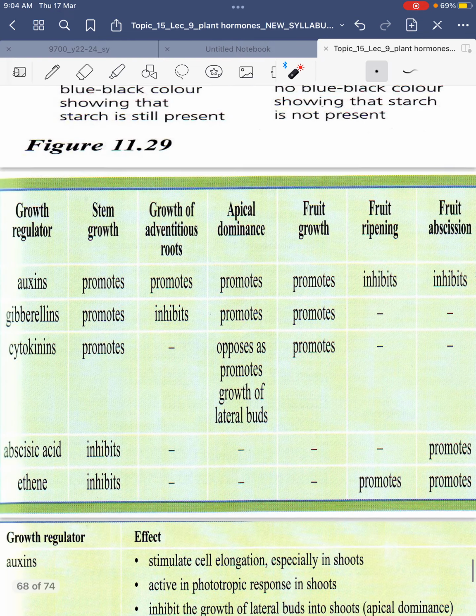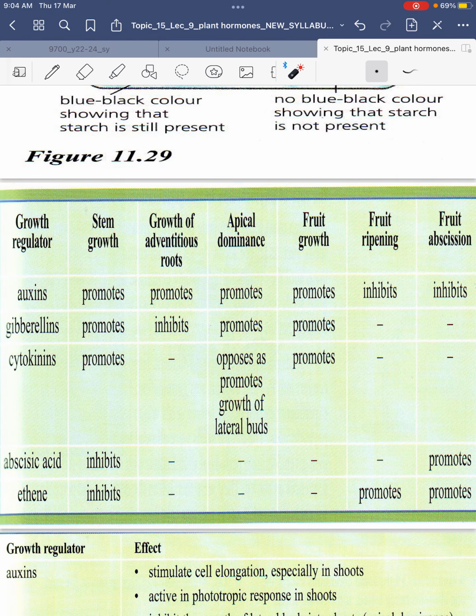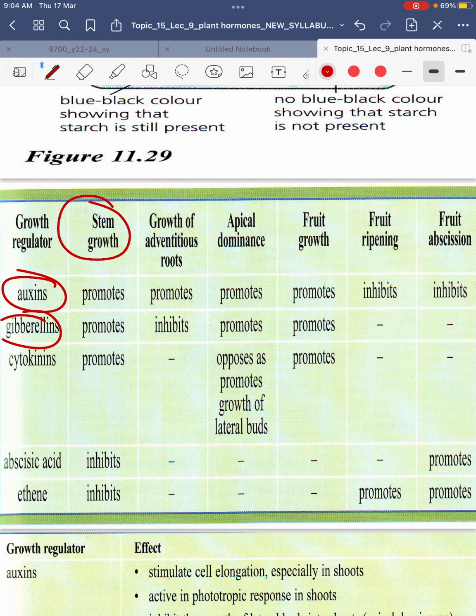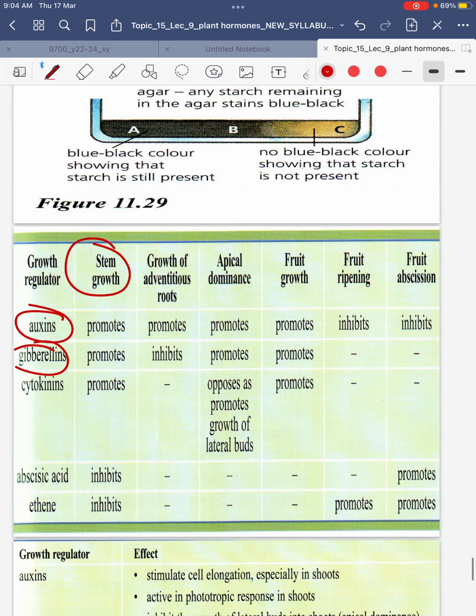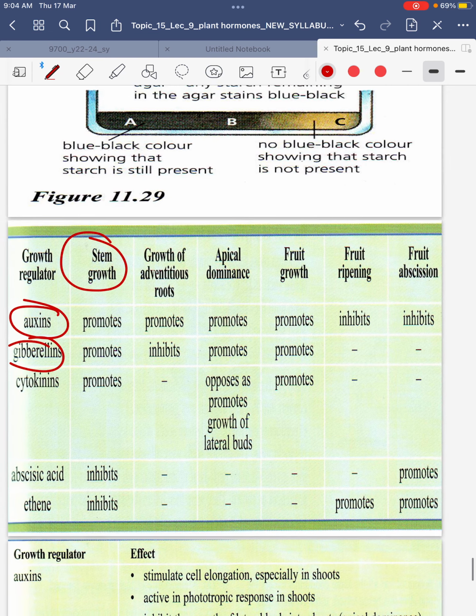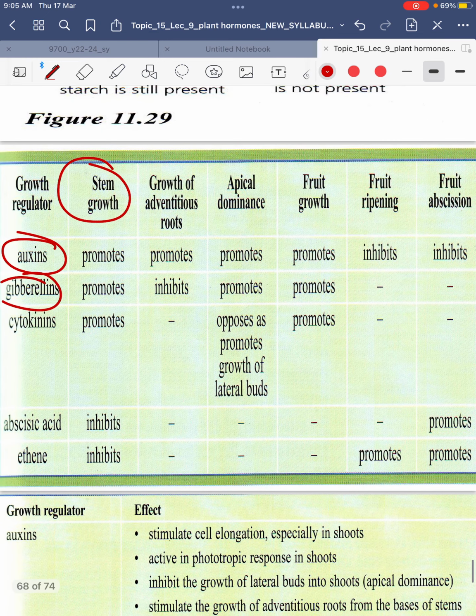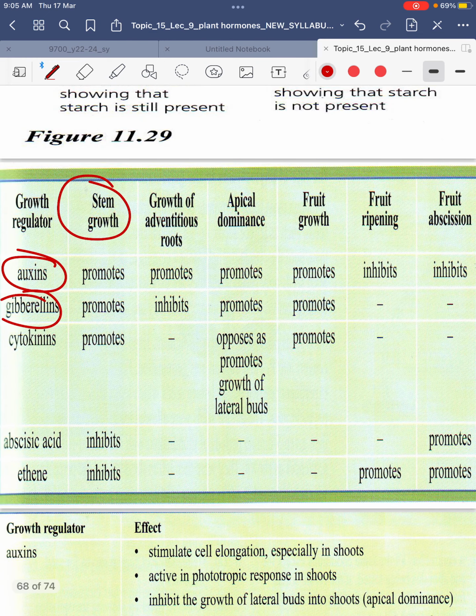Okay, as you can see, just to summarize what we have covered so far, we talk about auxin, we talk about gibberellins. For auxin, we talk about stem elongation. For gibberellins, there is no mention of seed here. For your syllabus, gibberellin should be seed germination, but it is not shown here.